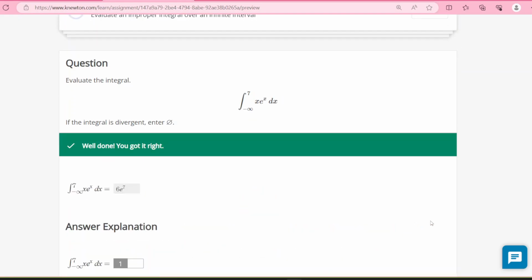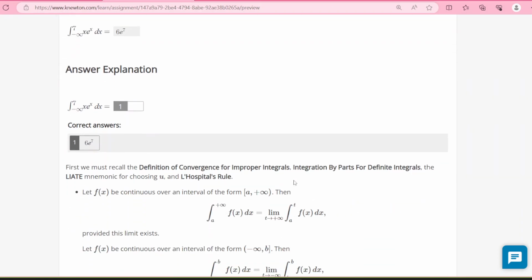Submit. Wonderful. And then, of course, after every answer in a Newton Alta assignment, you are given an answer explanation, whether you're right or wrong. And I would highly recommend reading through these, especially if you're wrong, just to see if you can figure out where you went wrong. Even if you're right, take a glance through these.